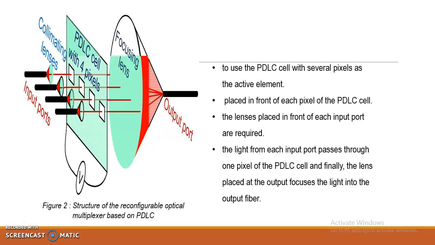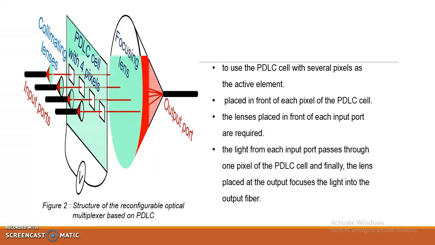Next, on my left side, the figure shows the structure of the reconfigurable optical multiplexer based on PDLC, which is polymer dispersed liquid crystal. This reconfigurable optical multiplexer uses a PDLC cell with several pixels as the active element.